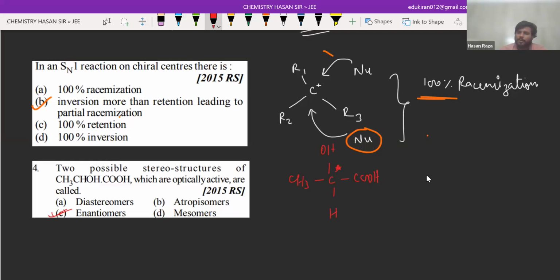Then the mirror image is a non-superimposable mirror image, and hence it is called an enantiomer. Is that clear, all of you? Very good.